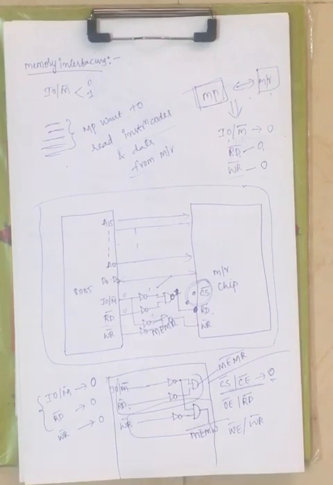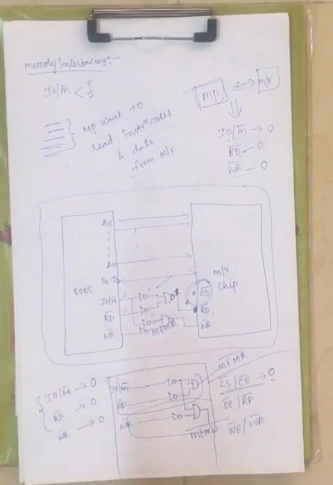Now let me briefly explain again. Why are you going for memory interfacing? Let us assume I have written some program. The microprocessor has to execute that program. While executing the set of instructions, the microprocessor has to read the data and the instruction codes from the memory.